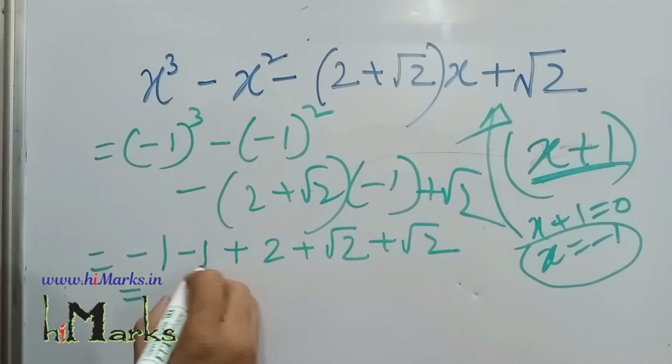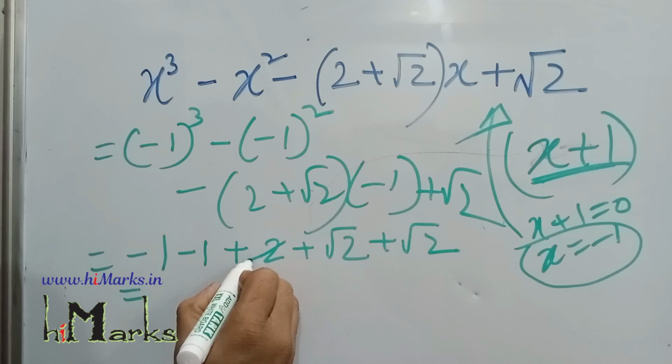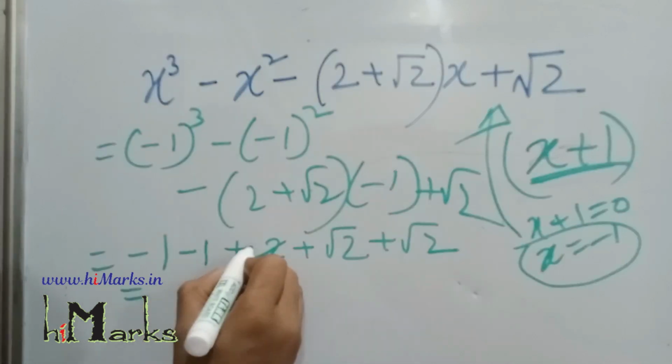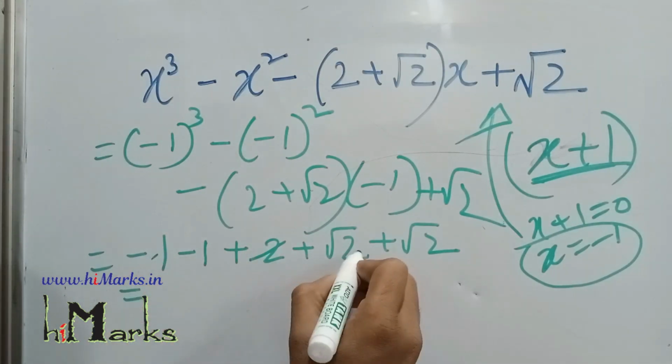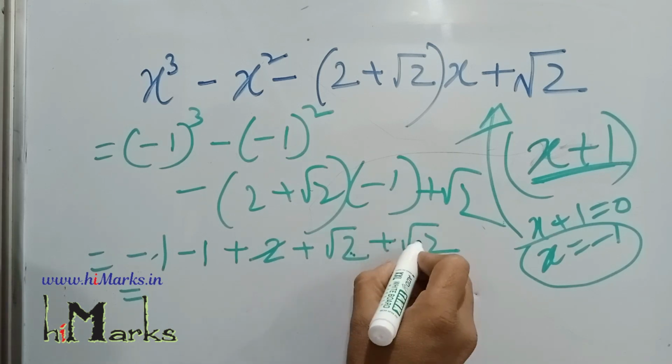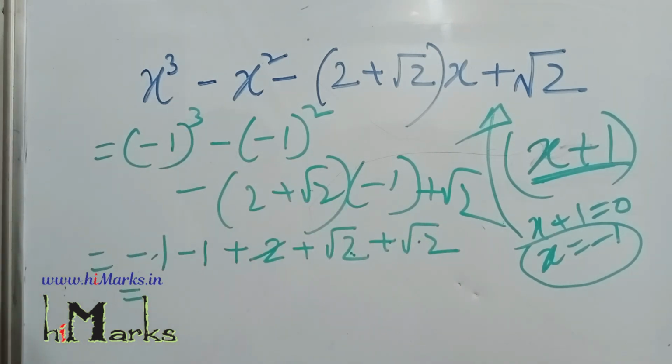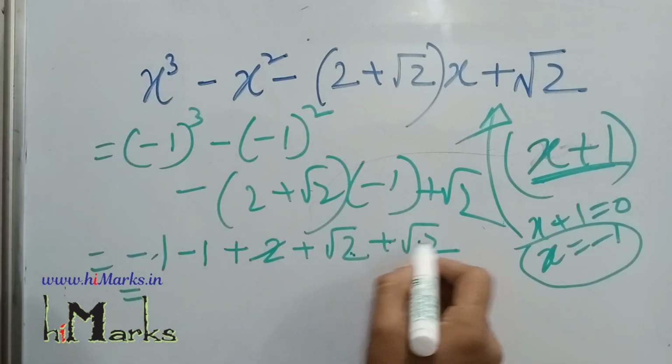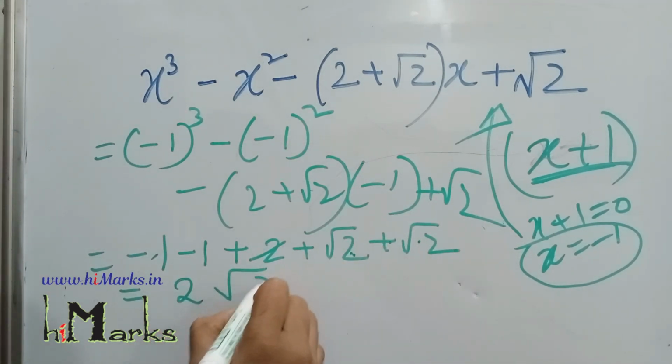So we are getting 2 and plus 2, and the minus 2 becomes 0, but here root 2 plus root 2 became 2 root 2.